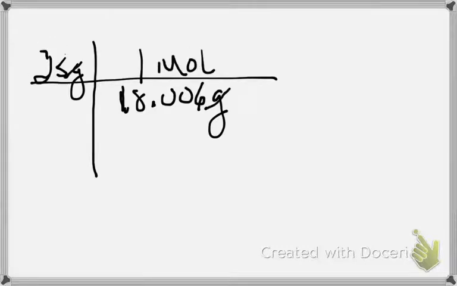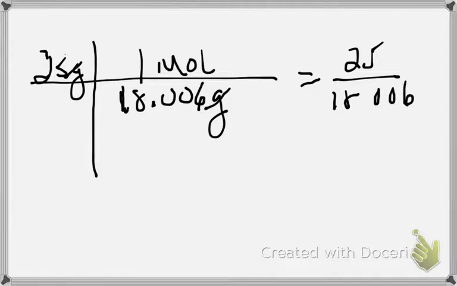The grams cancel, so I would be left with 25 divided by 18.006, and I wind up with 1.39 moles in those 25 grams. So there's 1.39 moles of water in that 25 grams. It's over a mole, a mole and a third, essentially.